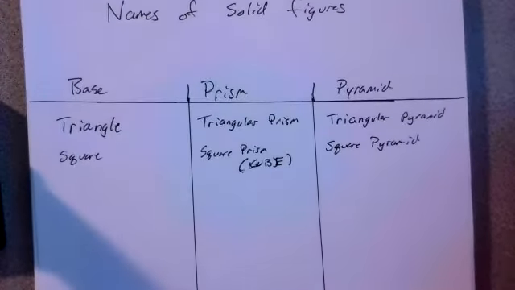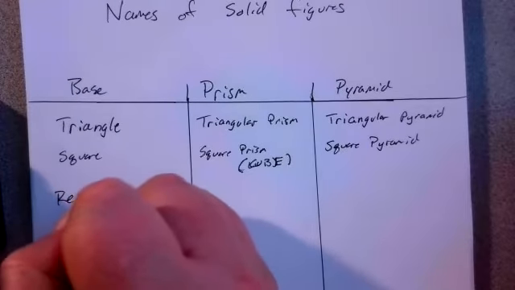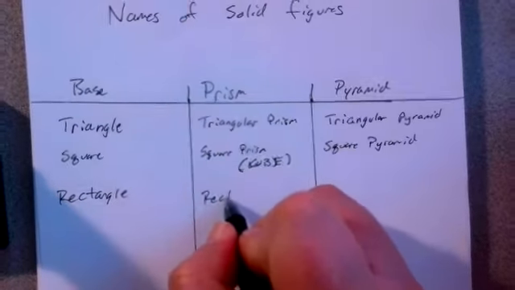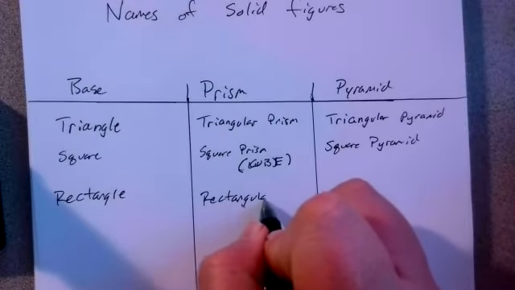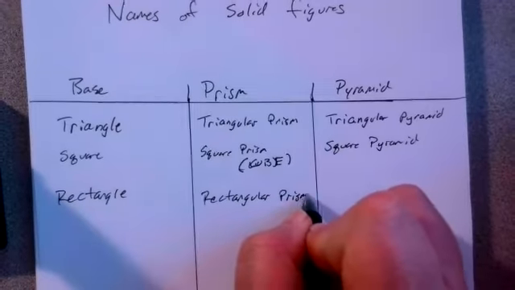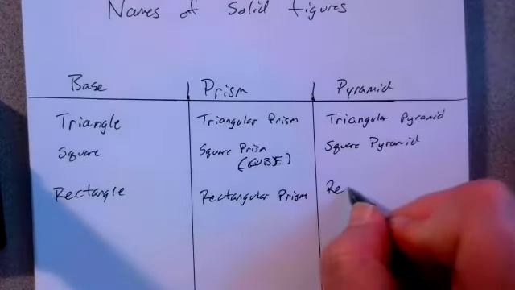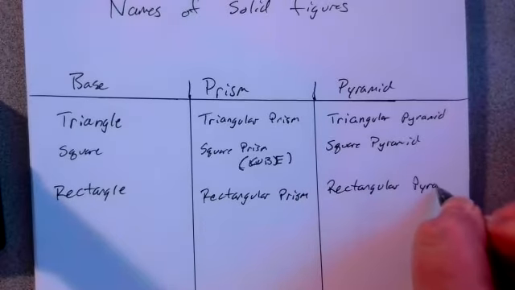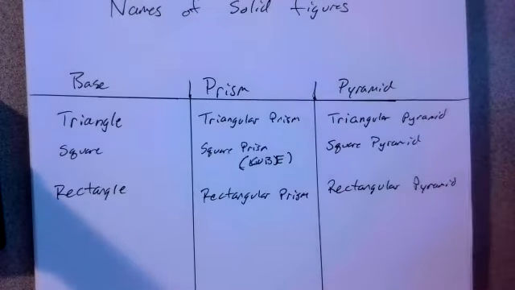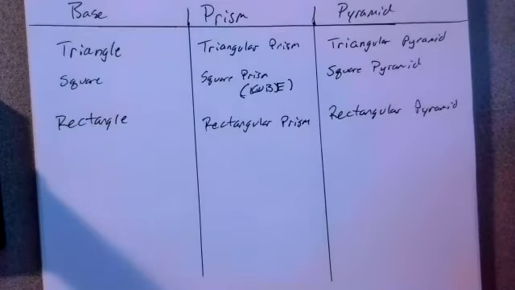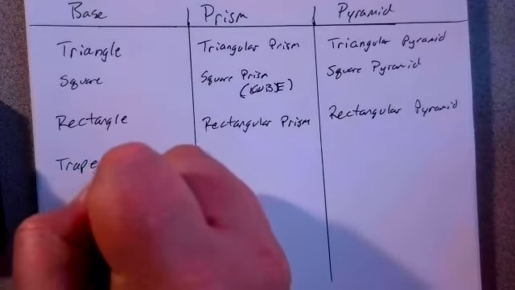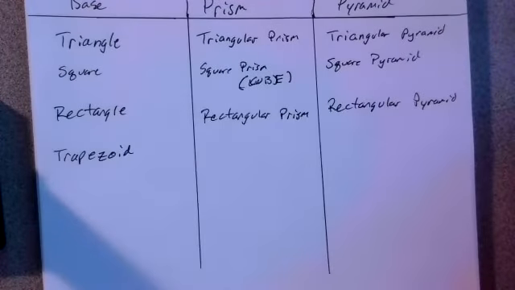If the base is a rectangle, we would call it a rectangular prism or a rectangular pyramid. What if the base is a trapezoid? That's crazy talk.